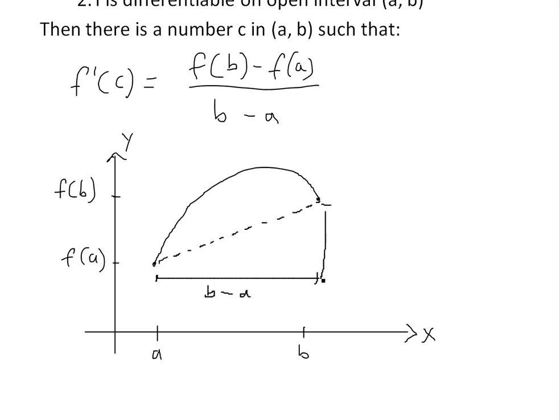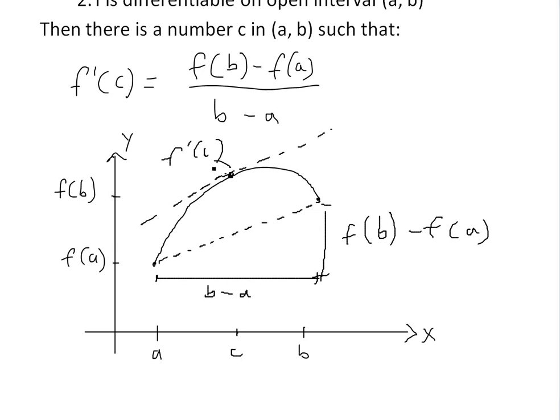So it's just saying there has to be a value c, and as you can see graphically there is, somewhere in between, where there's a slope exactly the same, parallel to it, and this would be f prime of c, and c would be somewhere over here.